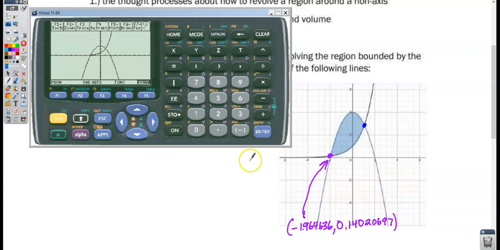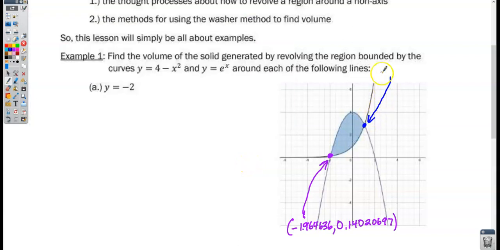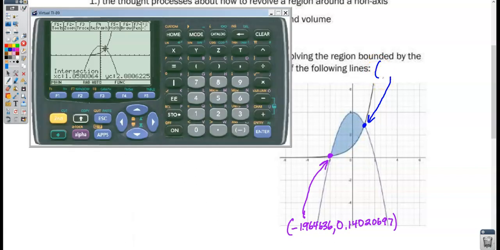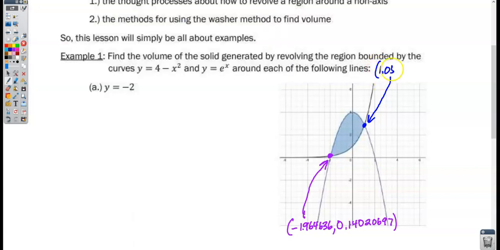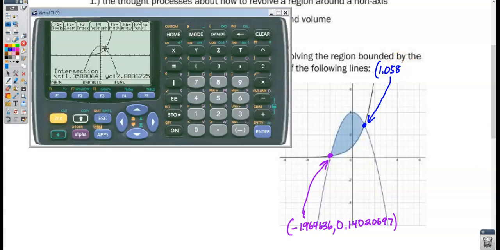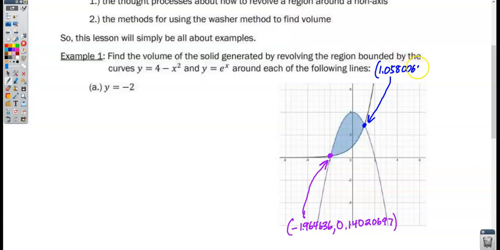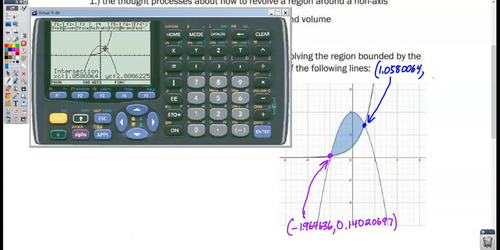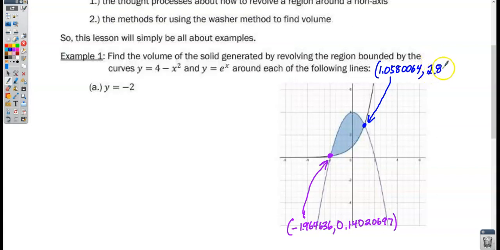That intersection point is at 1.058064 and 2.8806225. Okay, so those are my two intersection points, and those two intersection points will be the same for parts A, B, C, and D in this lesson.